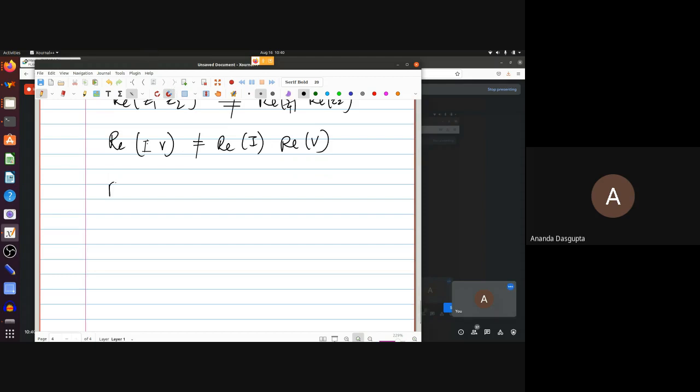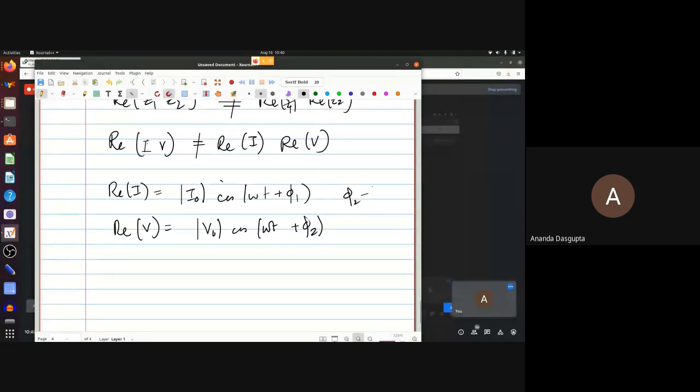And there, the real part of I is, well, that's wrong. It's not into the I phi 1. The real part of I is, of course, mod I0 cosine of omega t plus phi 1, and the real part of V is cosine of omega t plus phi 2, where phi 2 minus phi 1, the phase difference, really comes from the factor z.